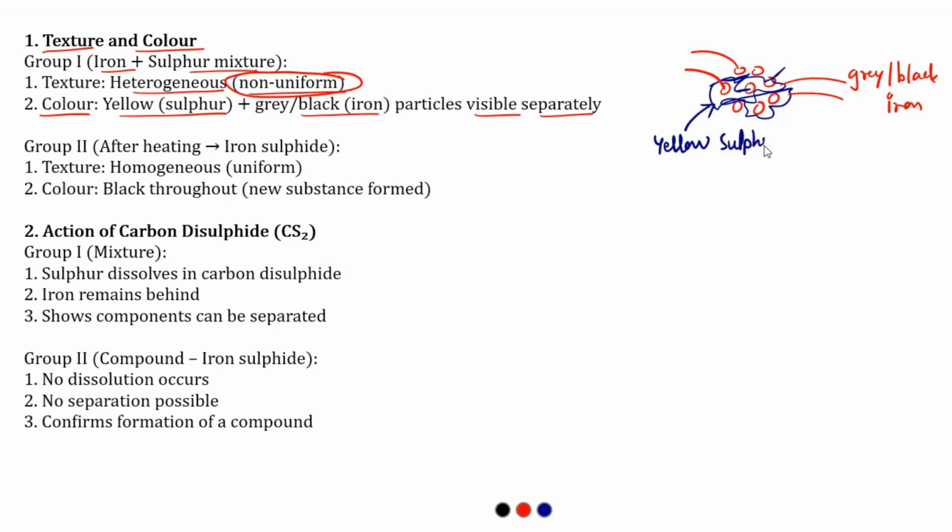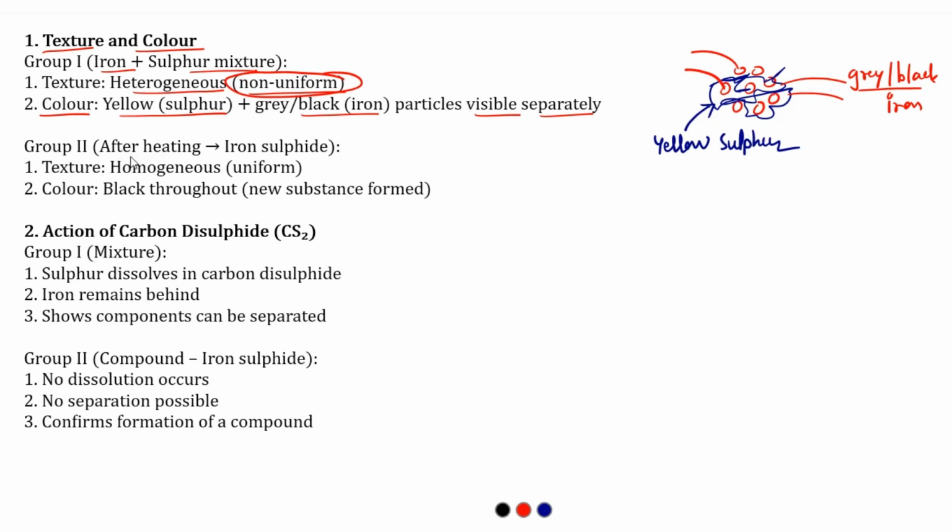So easily we can differentiate iron and sulfur based on the color itself. So remember what I told, we are studying texture here. In texture what we saw, it is heterogeneous because iron filings are larger in size, sulfur powder is smaller in size, and easily we can separate. And based on the color also we can separate because sulfur is yellow in color and iron is gray or black in color. What about group 2?